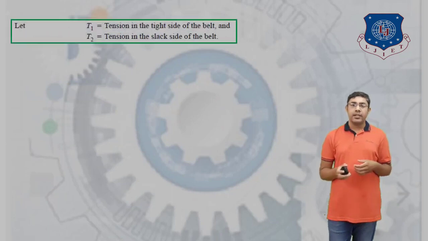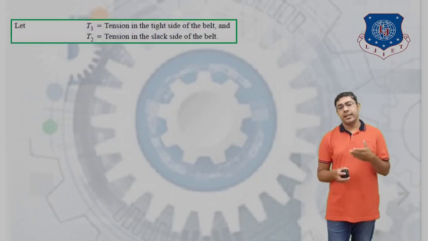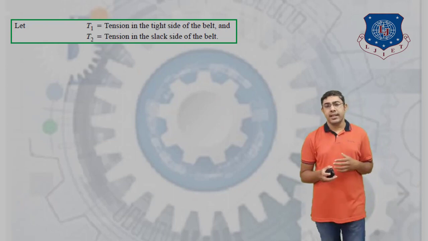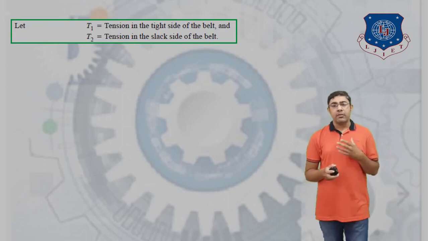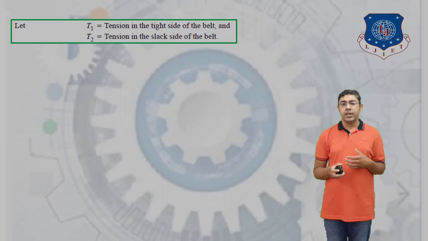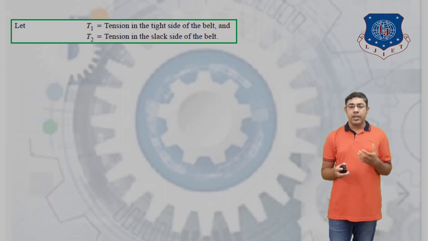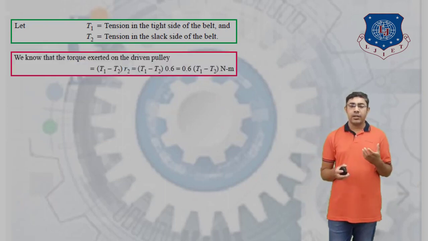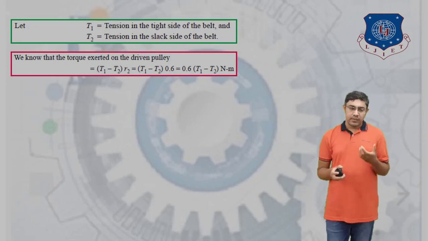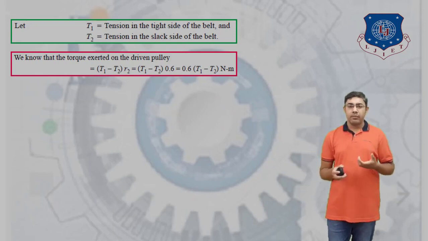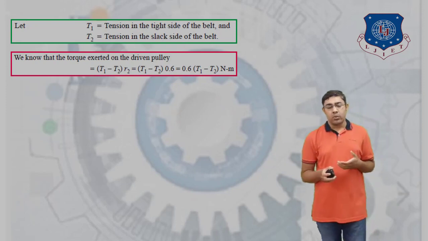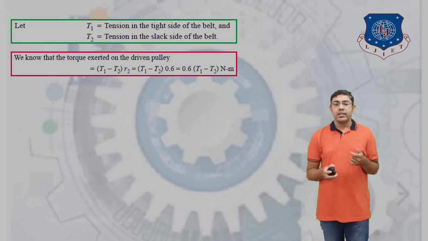Now let T1 be the tension on the tight side and T2 the tension on the slack side. We have to calculate T1, T2 and Tc. We know the torque exerted on the driven pulley is equal to T1 minus T2 into R2, where R2 is 0.6.